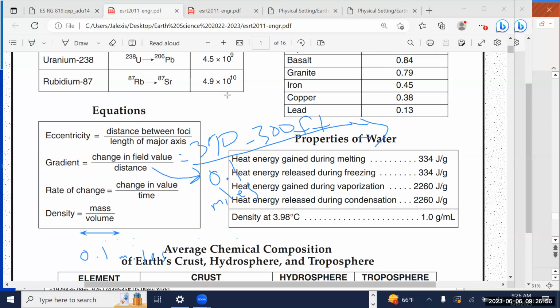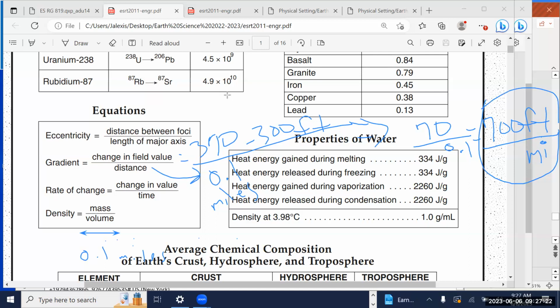When you do the formula, 370 minus 300 gives me 70, divided by 0.1, and you end up getting 700. Remember that it's feet for my numerator per mile because my distance was in miles. And so that would be your gradient if you got 700.